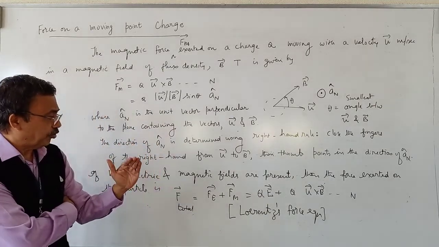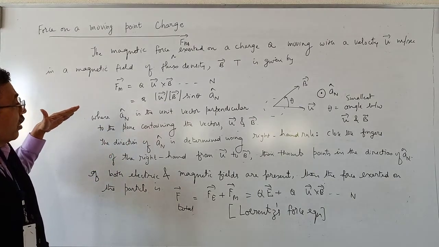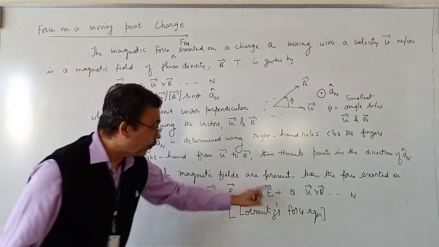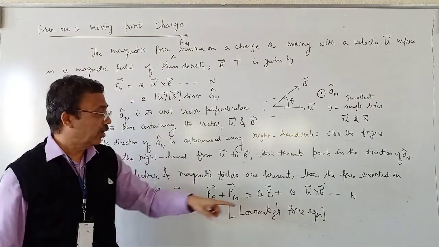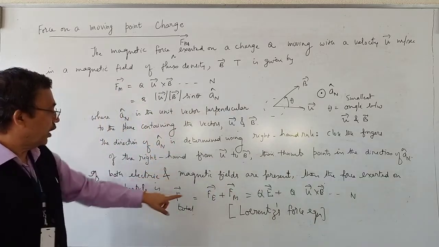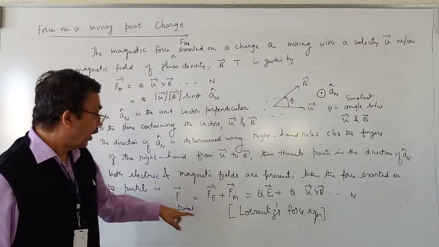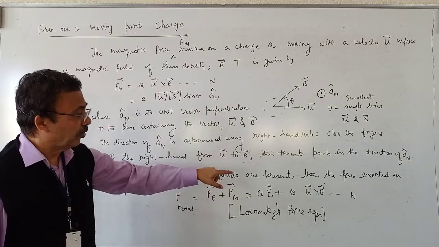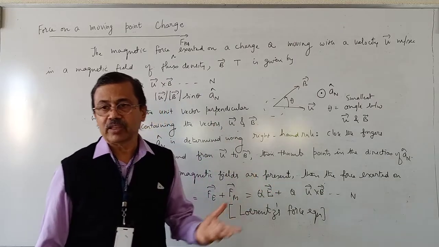The electric force, first difference is electric force always acts in the direction of vector E, whereas magnetic force is always perpendicular to vector B. I repeat, vector Fe acts in the direction of vector E, whereas vector Fm is perpendicular to vector B. B means magnetic flux density.